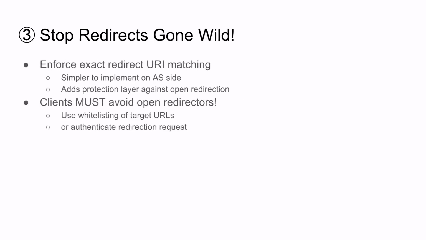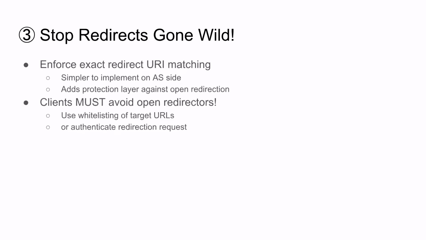Third recommendation, stop redirections gone wild. We still see that many people don't get this right. So they use, for example, pattern matching for redirect URIs. And this always goes wrong for some reason. People don't get their regular expressions correct, and they use wildcards all over the place. So just don't do that. Instead, use exact redirect URI matching.